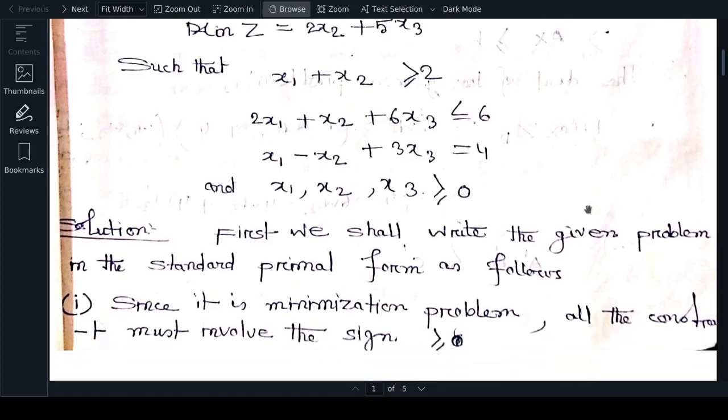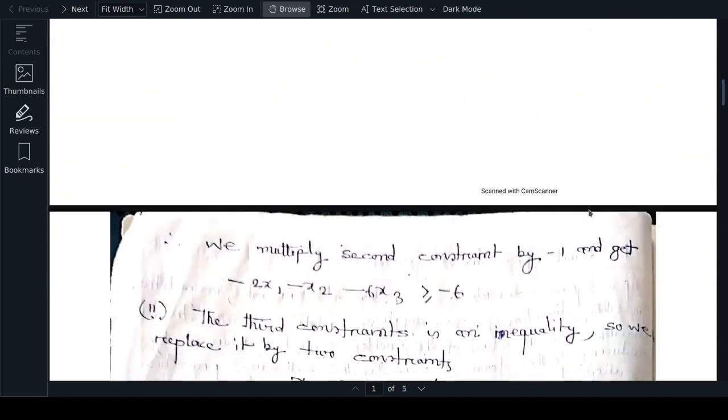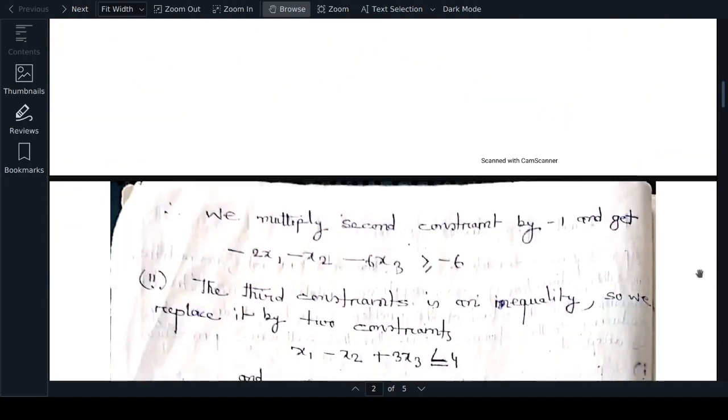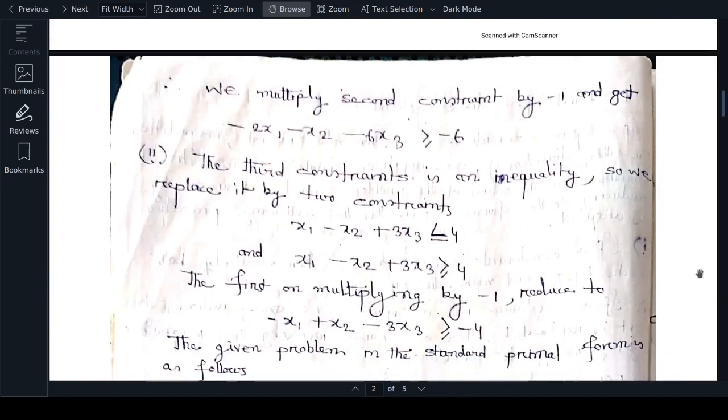And the third constraint is an equality, so we replace it by two constraints: x1 minus x2 plus 3x3 less than or equal to 4, and x1 minus x2 plus 3x3 greater than or equal to 4.